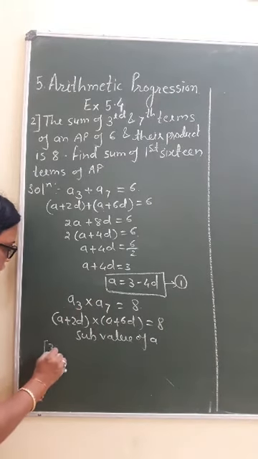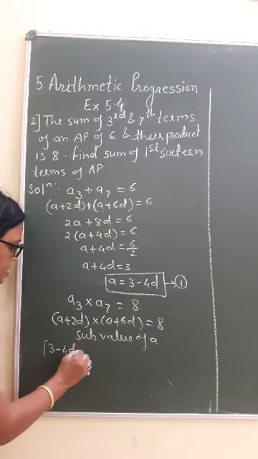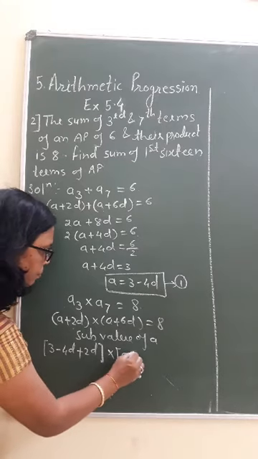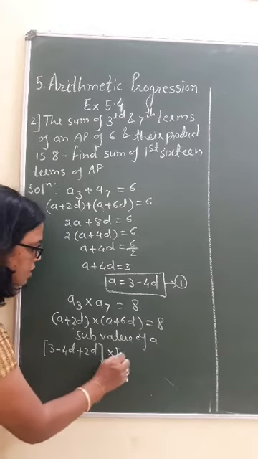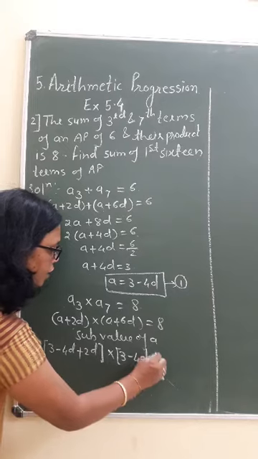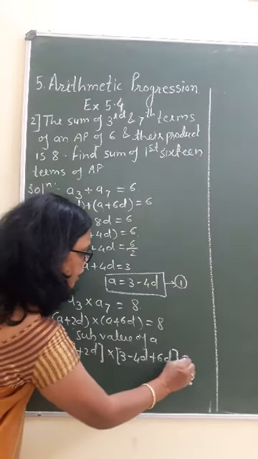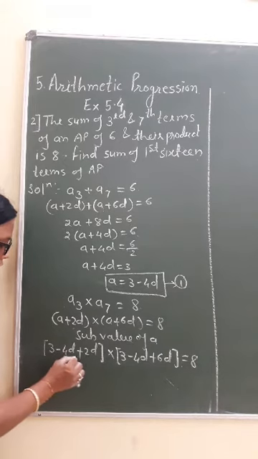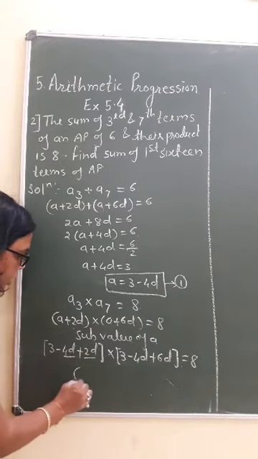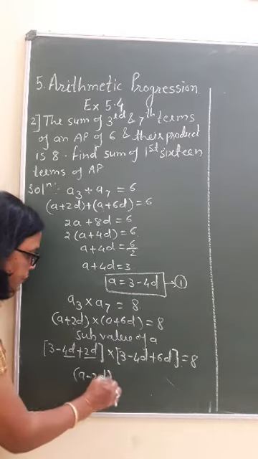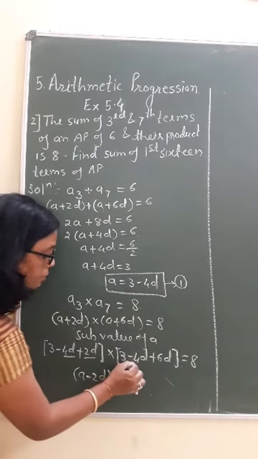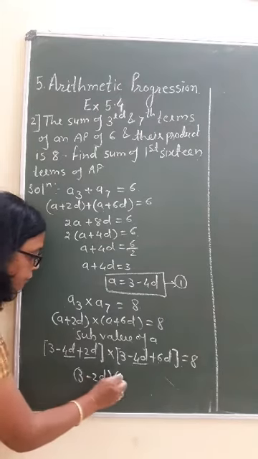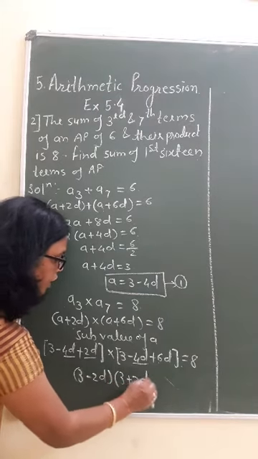That is 3 minus 4d, plus 2d as it is, again into a, the value of a is 3 minus 4d, plus 6d, which is equal to 8. Are you getting here? 3 minus 4d and minus 4d plus 2d is nothing but minus 2d, and minus 4d plus 6d is nothing but 3 plus 2d, which is equal to 8.